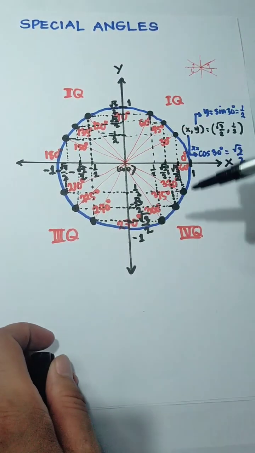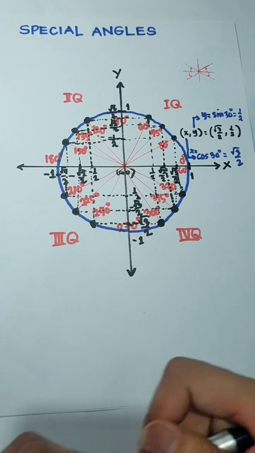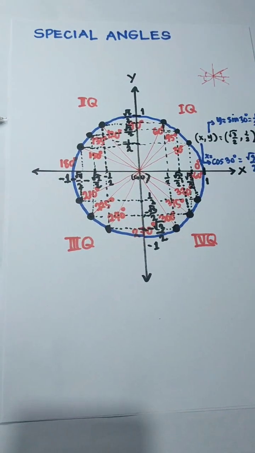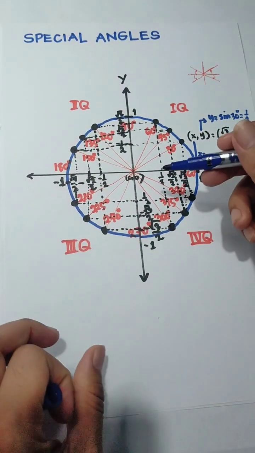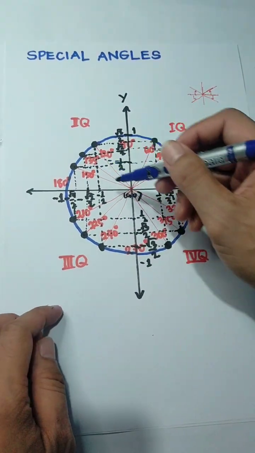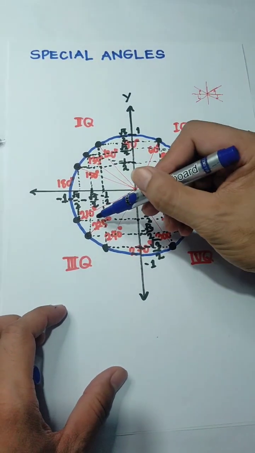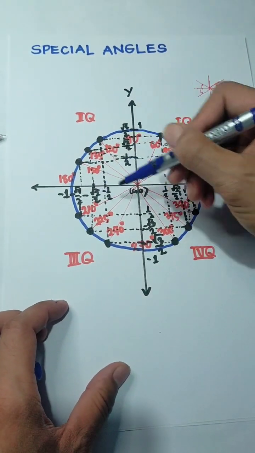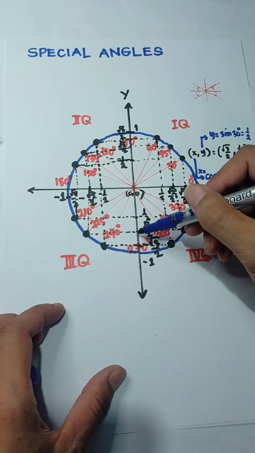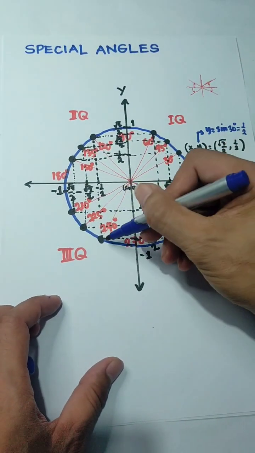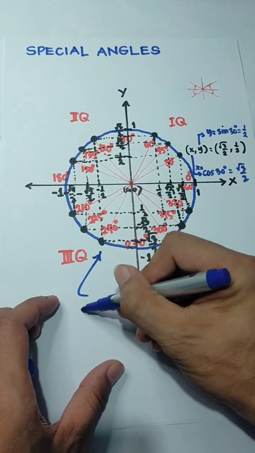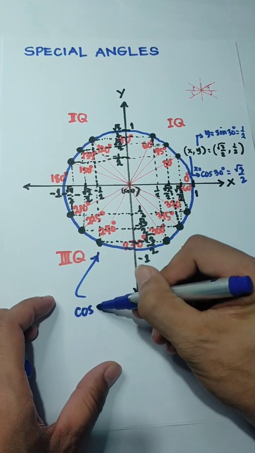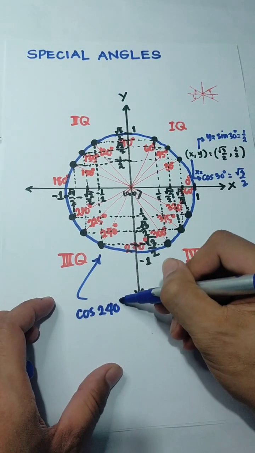So these are our special angles. Now you need to remember that the sine and cosine of a given angle are just the values of x and y from our terminal point. So for example, what is cosine of 240 degrees?